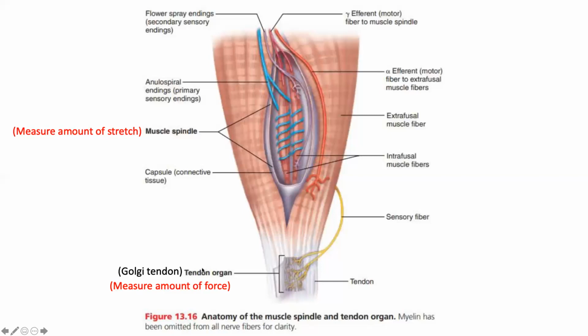And now we can look at the tendon organ. They are situated more at the myotendinous junction, and they are also called Golgi tendon organs. These Golgi tendon organs measure the force.